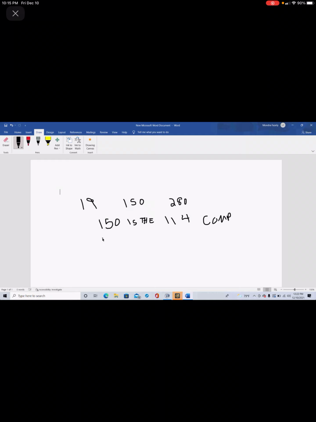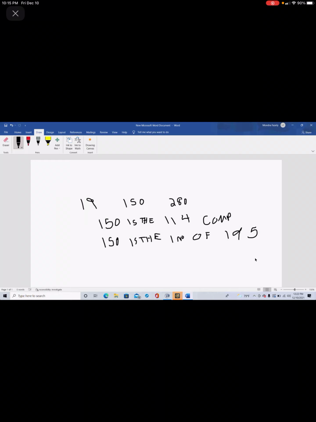Moreover, 150 is the index of 195. So 195 is a composite, and its index is 150.